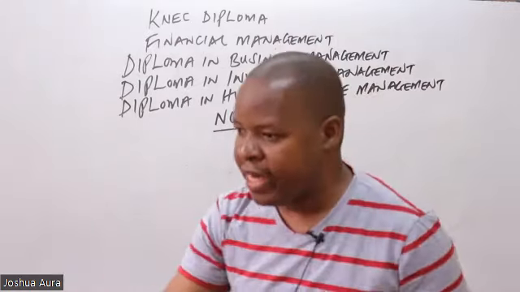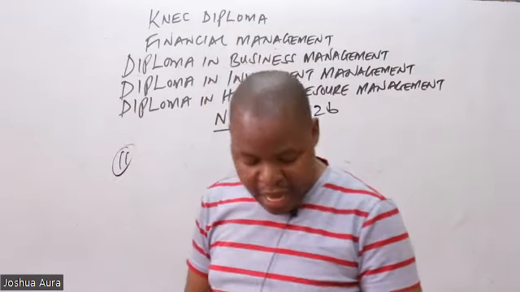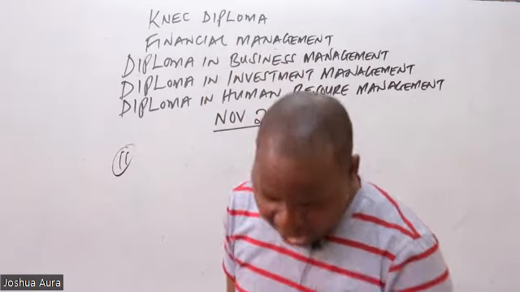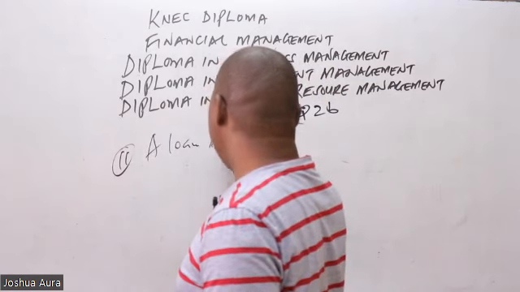So the second part of this question, Roman 2, what is it asking us to do? Prepare a loan amortization schedule.